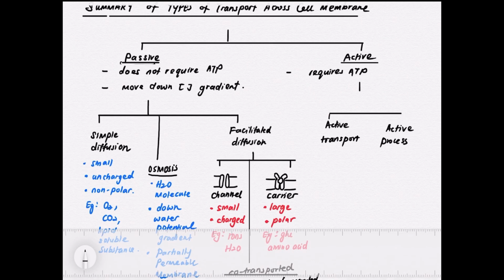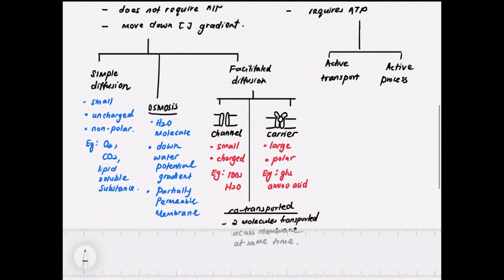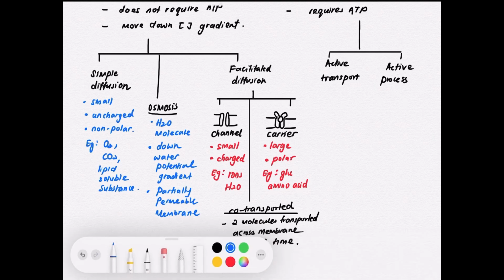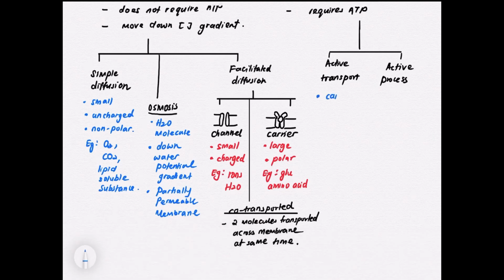So the difference is, one requires carrier protein, while the other one does not. So active transport requires a carrier protein, and molecules are moved against concentration gradient. Example, you would have seen sodium-potassium pump, where the ions are moving against concentration gradient.